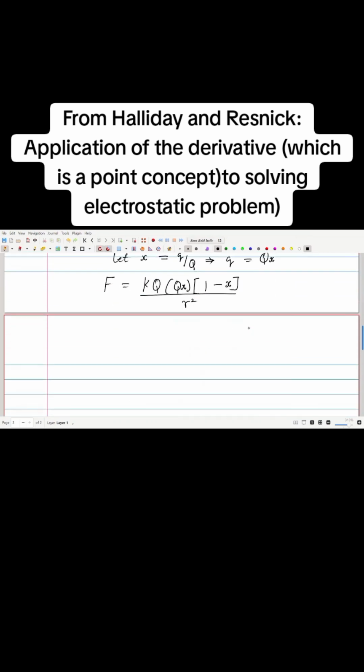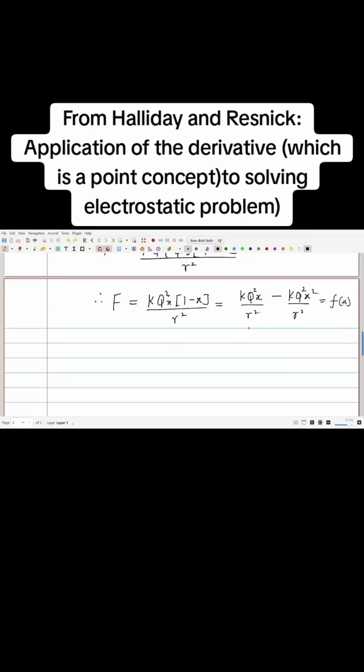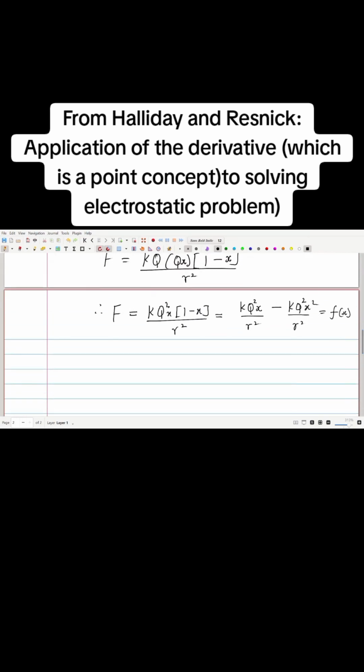So in that case, F is equal to kQ squared x multiplied by 1 minus x, all divided by r squared. This can be further written as kQ squared x minus kQ squared x squared, over r squared. This is seen as a function of x, so we want to differentiate this expression.